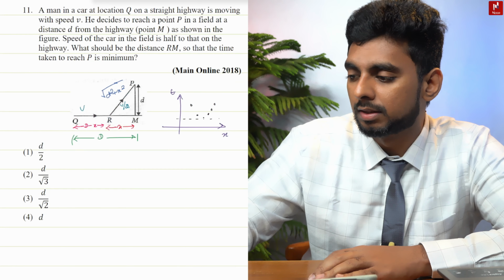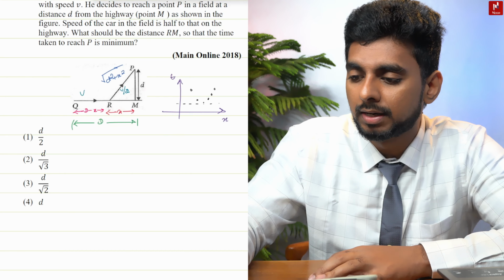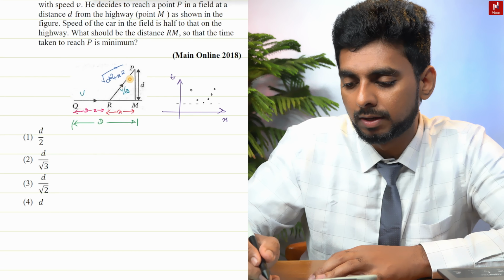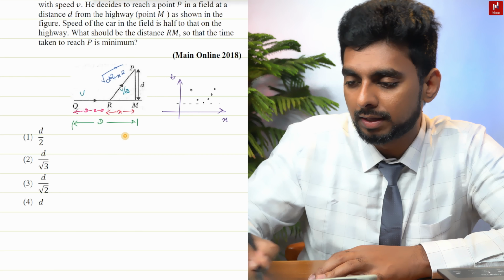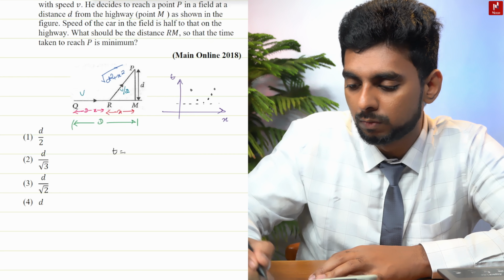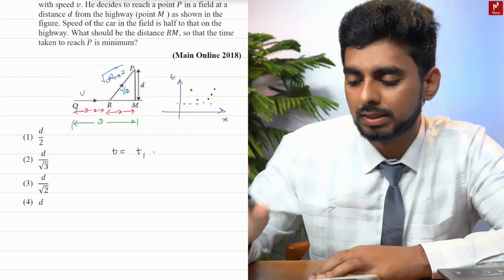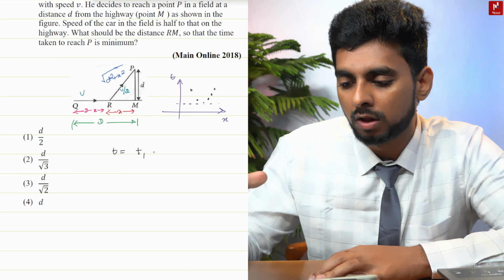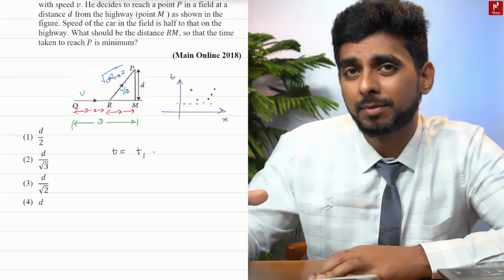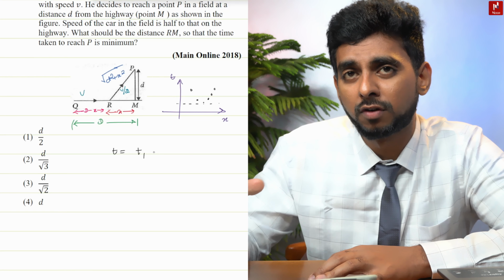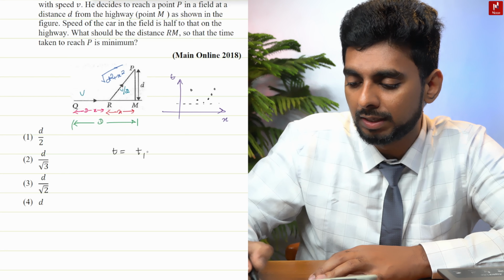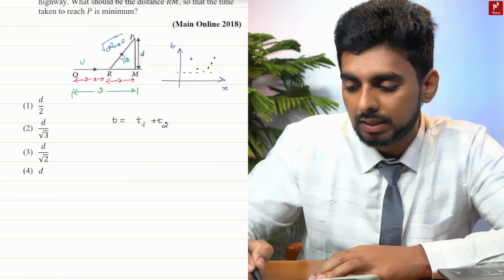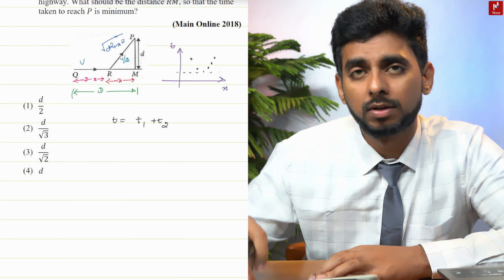Here, let me consider the time taken by the car on the highway to be t1. That was the distance traveled by the car on the highway. In the same way, the time taken for the distance traveled by the car on the farm field will be t2. So t equals t1 plus t2. Now let me replace t1 with the distance divided by velocity.